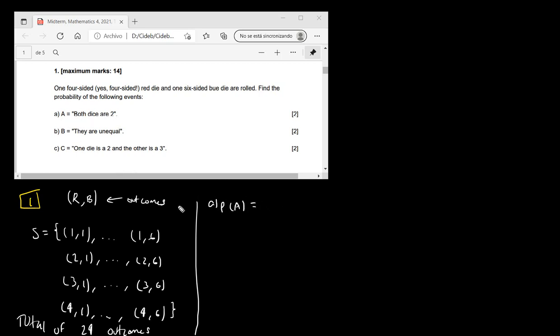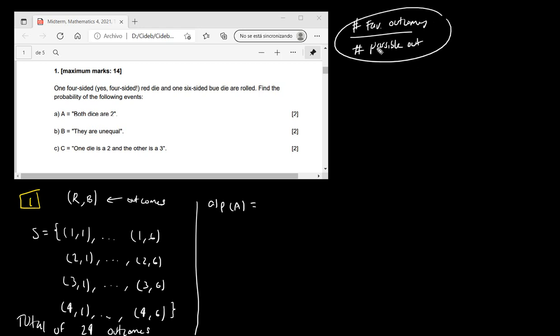Remember the classic definition of probability: the number of favorable outcomes over the number of possible outcomes.